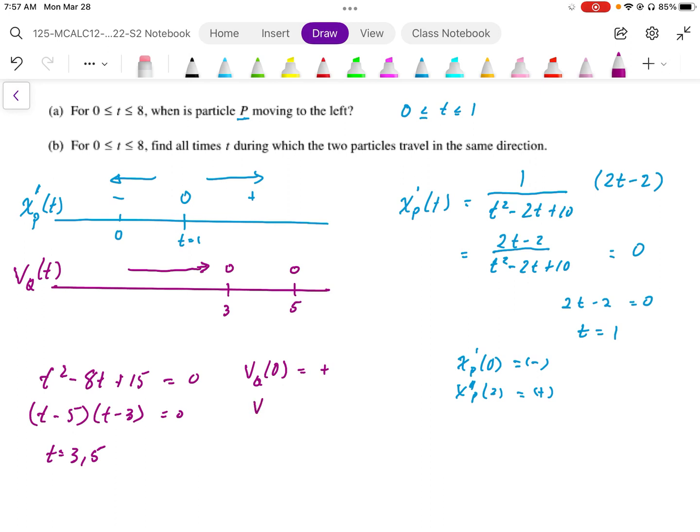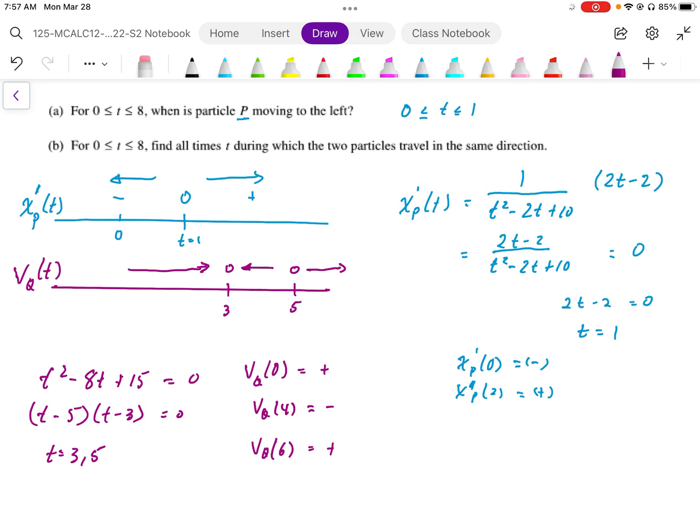At 4, when I plug 4 into that function, I get 16 minus 32 plus 15, so that's going to be negative, so I know it's going to go in this direction. And then v of q at 6, when we plug 6 in, we get 36 minus 48 plus 15. That's going to be positive, so we know it's going to be moving in this direction.